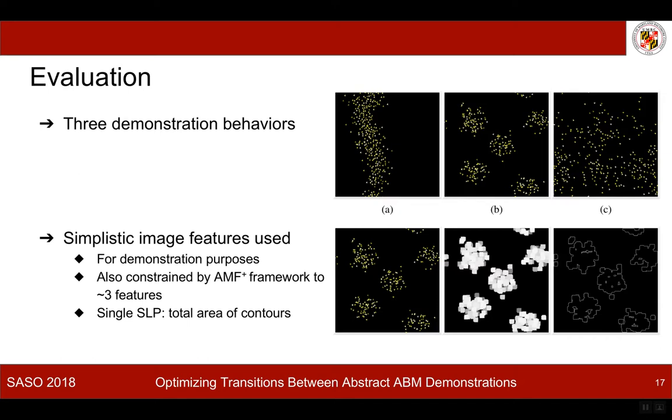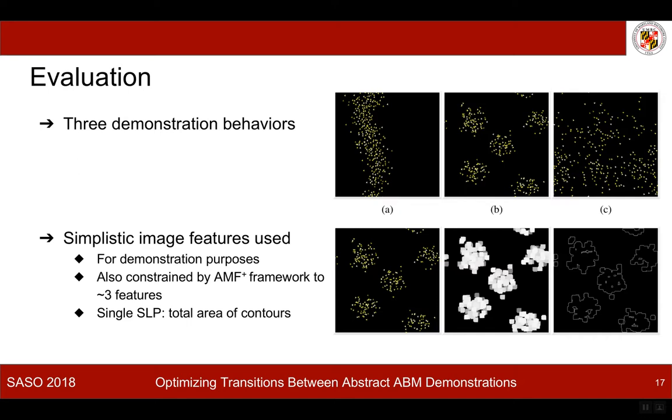We demonstrated 3 different behaviors, Demonstration A, B, and C on the top right. After looking at quite a few possible SLPs that could be used to define these images, such as the total perimeter, the maximum perimeter, the total area, maximum area, it was determined that only a single SLP was required to achieve maximum separation between the different behaviors.